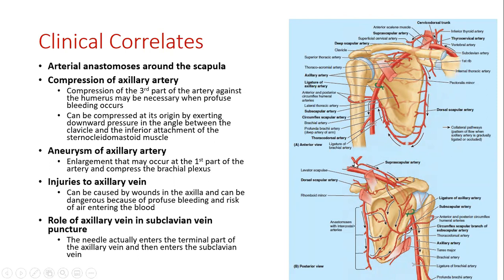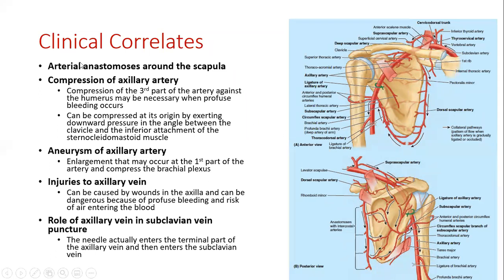Blood from your subclavian artery goes to your scapula, then can go around your scapula and into your brachial artery. So even if this area is blocked, the body has a way of bypassing it to still get blood to the upper limb, up to the arm. That's what this is in particular talking about.